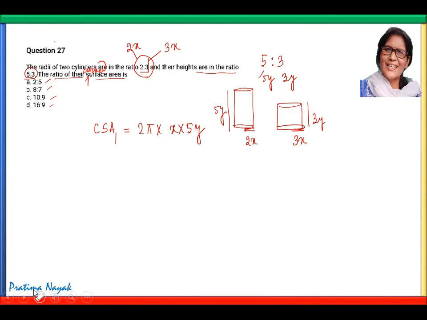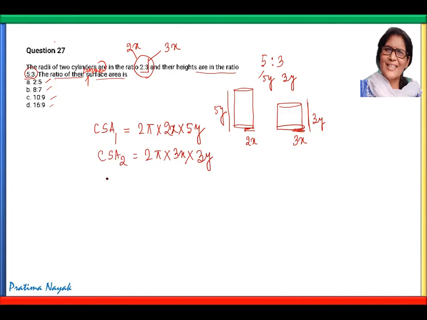In the same way, you can write for second one, CS2, that means it is for second one. So 2 pi into 3x multiplies, the height is 3y. Now take the ratio.